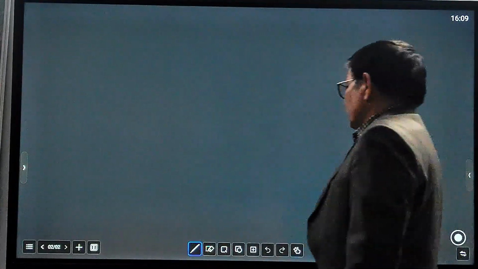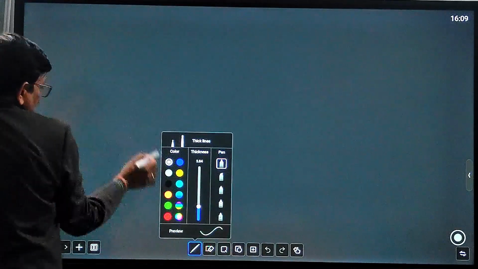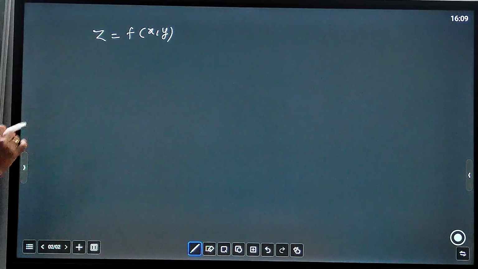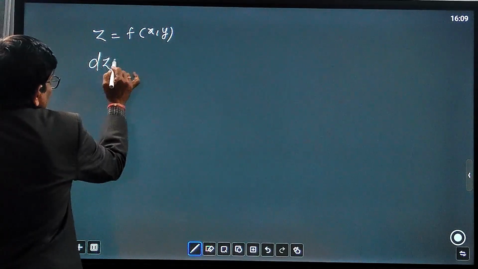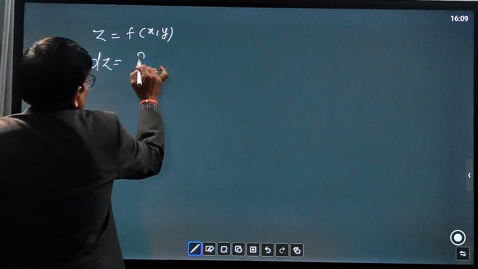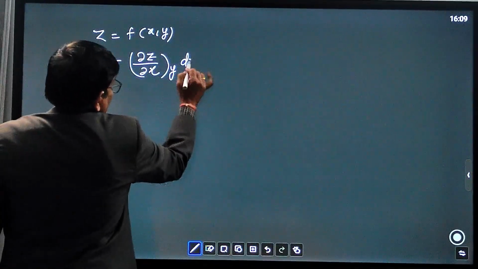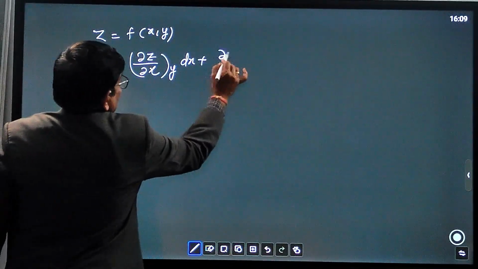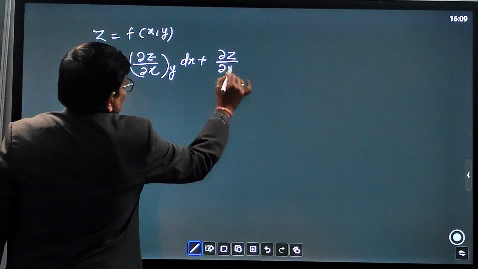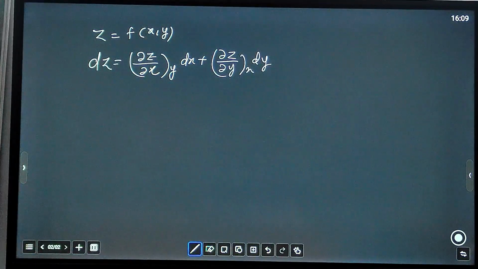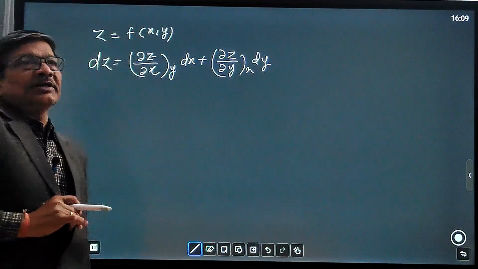Let another parameter be defined here. Let z be a function of x and y. So dz is equal to (∂z/∂x) at constant y dx plus (∂z/∂y) at constant x dy. This is a partial differential equation relating to the exact differential dz.